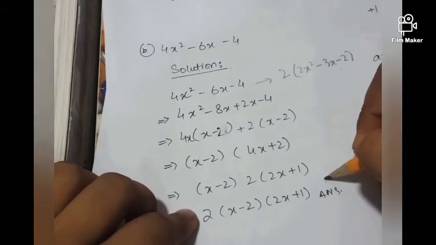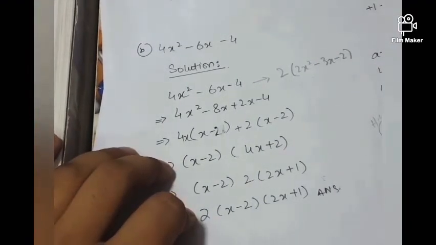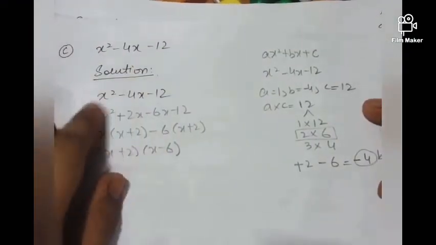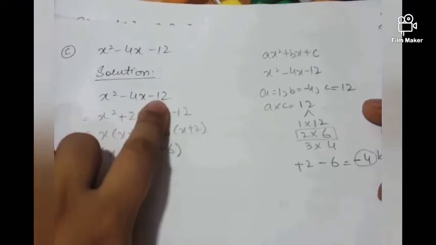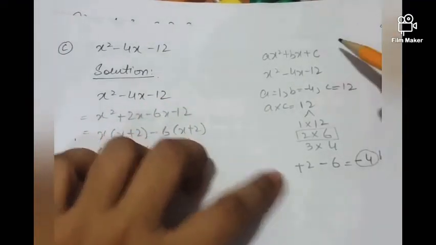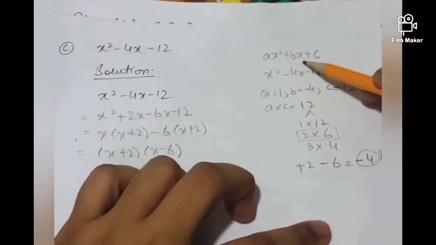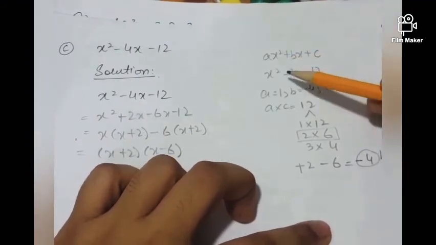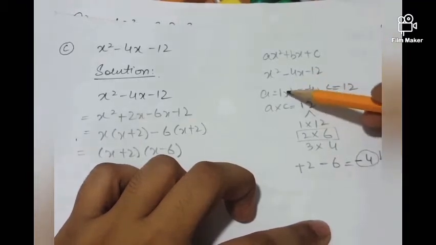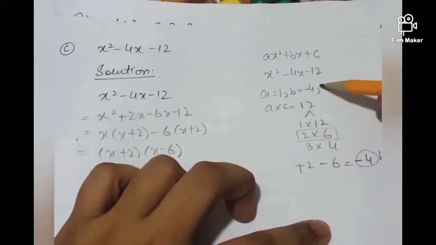Okay, now let's move to another example. Now x square minus 4x minus 12. Rewrite the question, then write the general term ax square plus bx plus c. Then x square minus 4x minus 12: a, the quadratic coefficient, is 1, b, the linear coefficient, is minus 4, and c is 12.